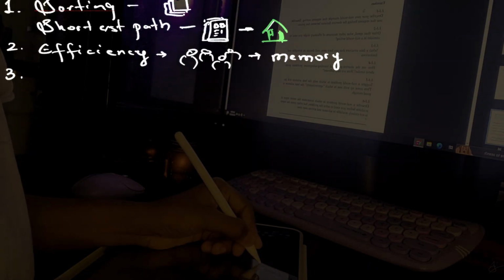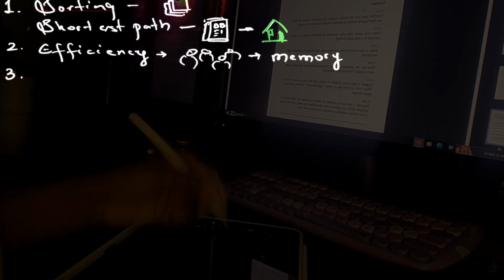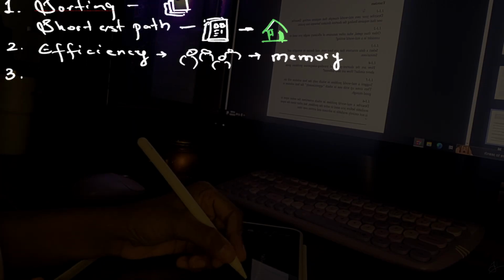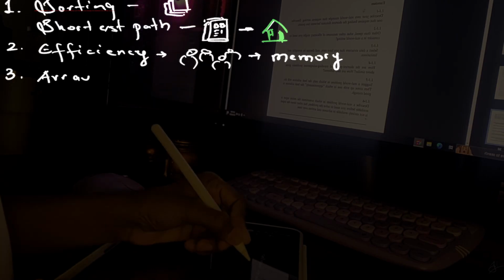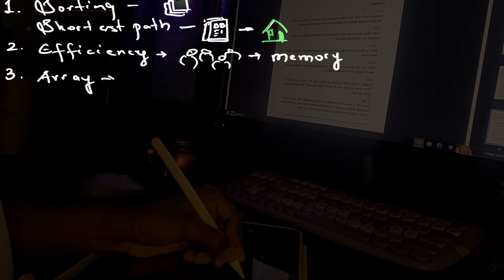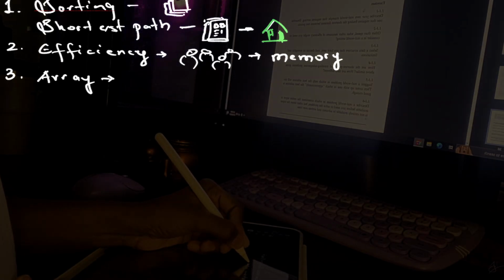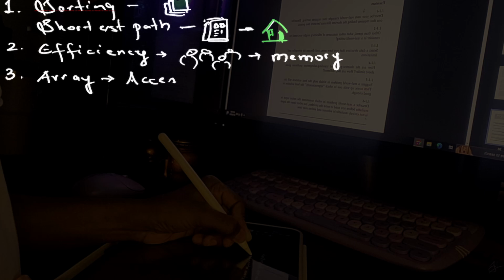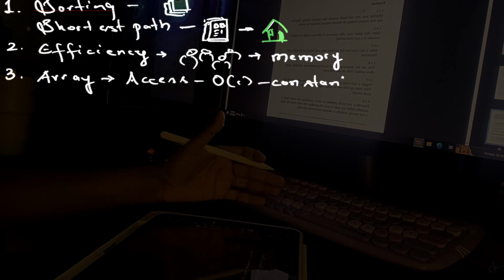Okay, next is: select a data structure that you have seen and discuss its strengths and limitations. Since I was a computer science student, array is one data structure, a very simple data structure, and its strength is that we can access an element in it in constant time. So Big O of 1 is nothing but constant time.